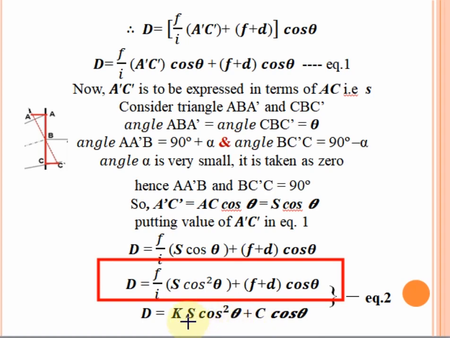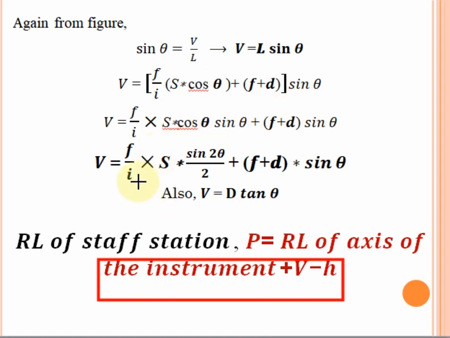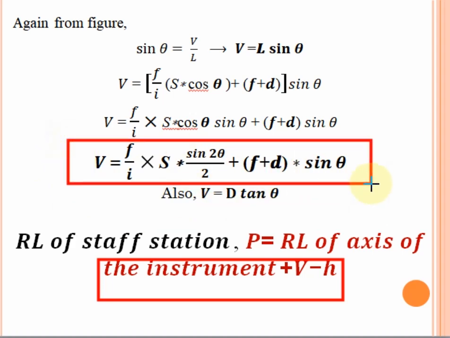Remember this formula for the distance, and the formula for V: V is equal to (f/i)·S·sin2θ/2 + (f+d)·sinθ. Again, you have to remember this formula. I have highlighted it. V is equal to f/i into S into sin2θ divided by 2, plus f plus d into sinθ.